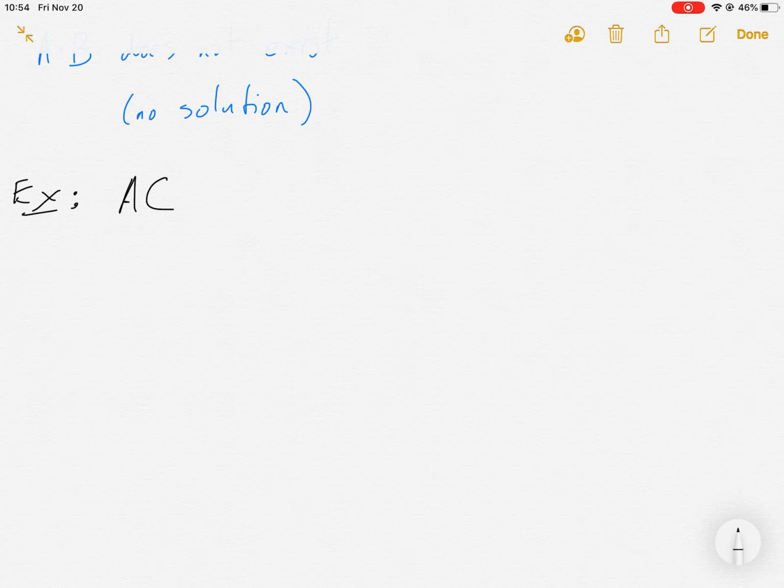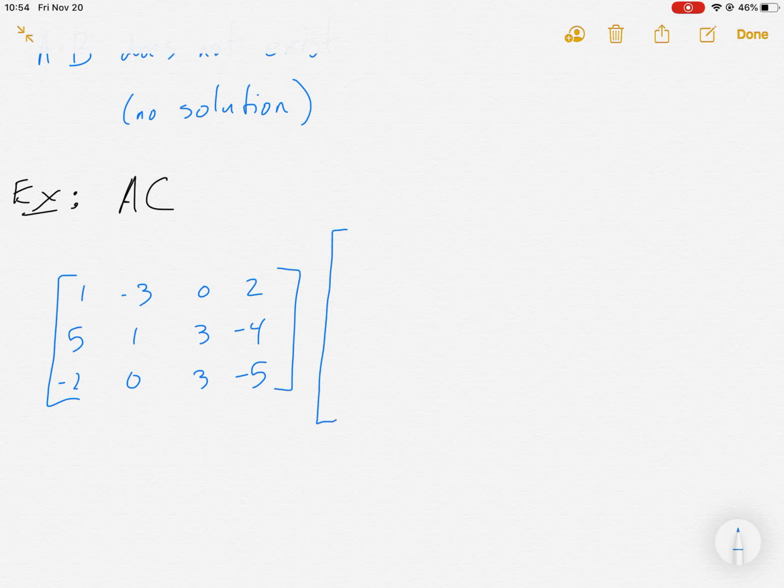So we're going to take A. Let me go ahead and just write that down here. A is 1, negative 3, 0, 2. And the next row is 5, 1, 3, negative 4. And then negative 2, 0, 3, negative 5. And I'm going to multiply this by C, which was 1, 0, negative 1, 2, 4, negative 3, and then 3, negative 2.